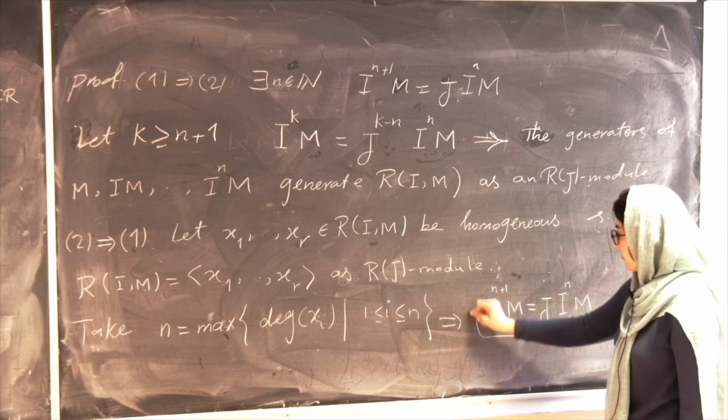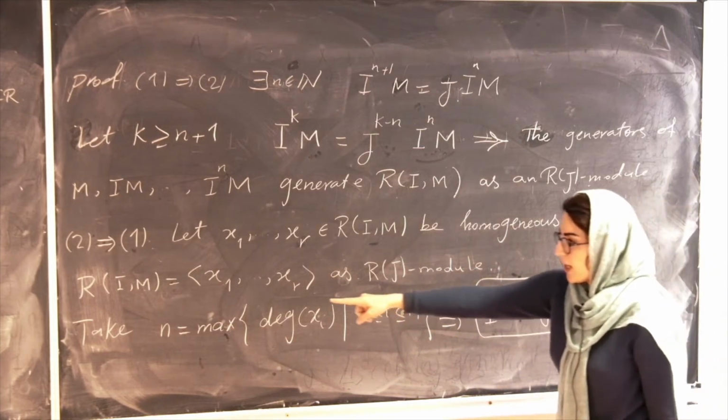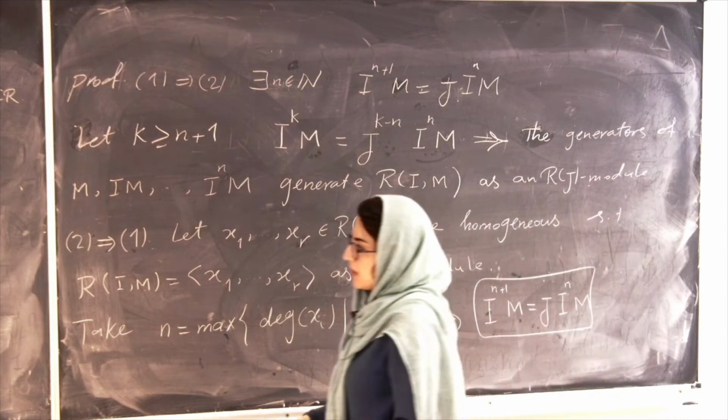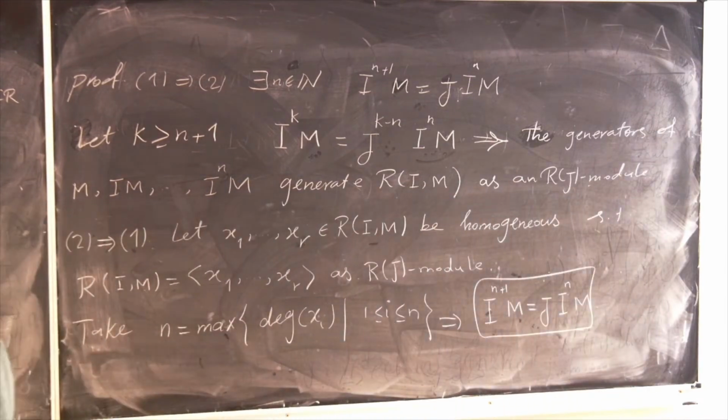So for such n, we have this equality, which means that J is a reduction ideal of I with respect to M. Okay. Any questions so far?